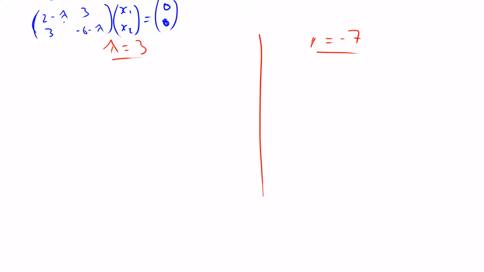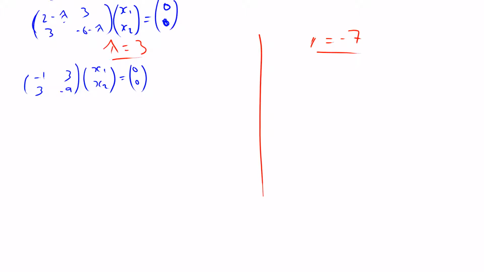For lambda equals 3, first of all, that will make our matrix equation 2 minus lambda, which is -1, 3, 3, -6 minus lambda, which is -9, times x1, x2, equal to 0, 0.